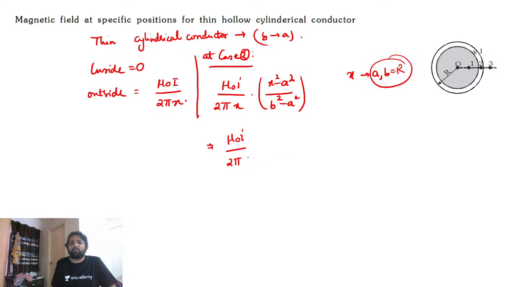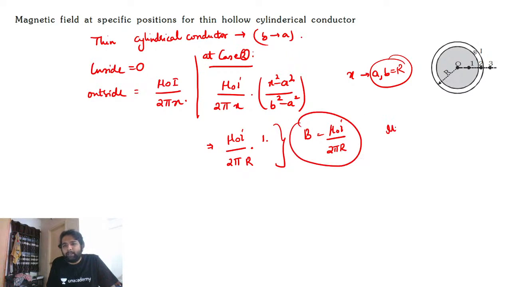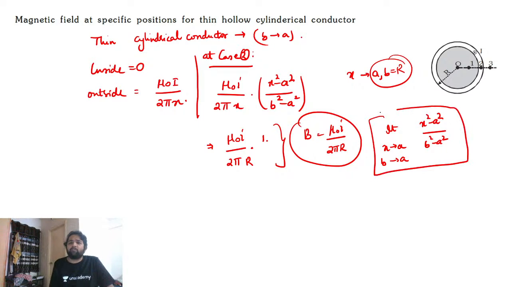So the limit of x square minus a square by b square minus a square, as x and b tend to a together, will be equal to 1. So the field is mu naught I by 2 pi r. Understood? It becomes very simple.